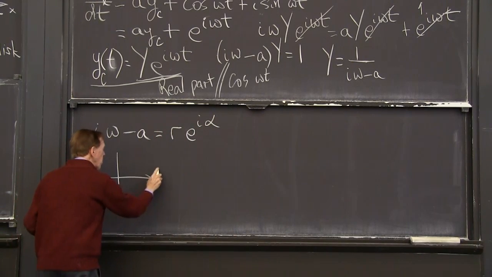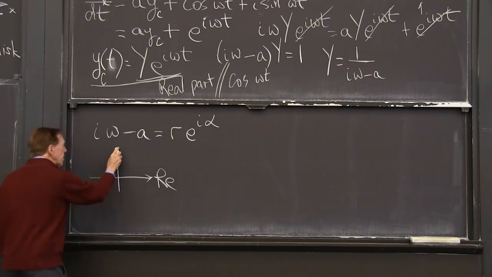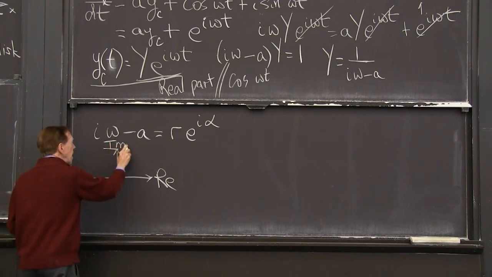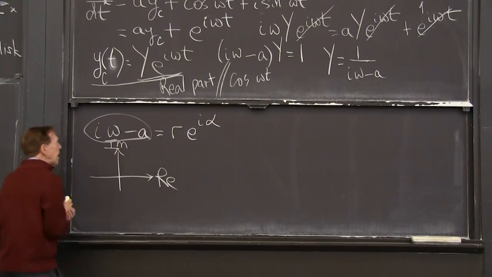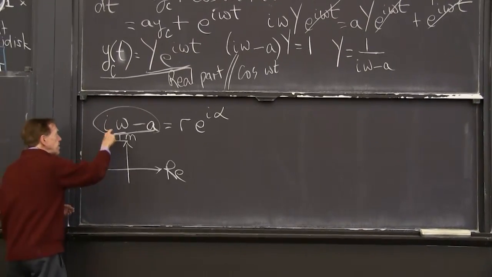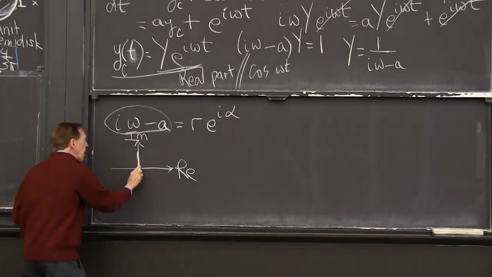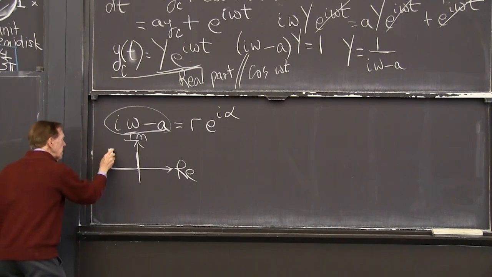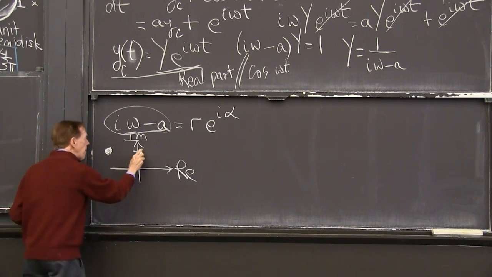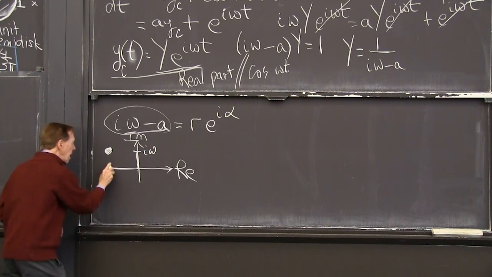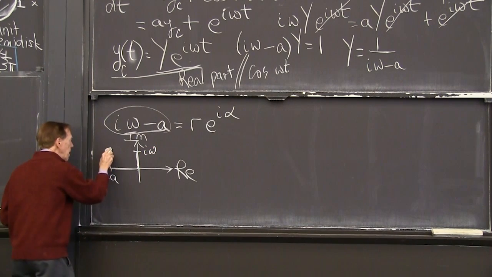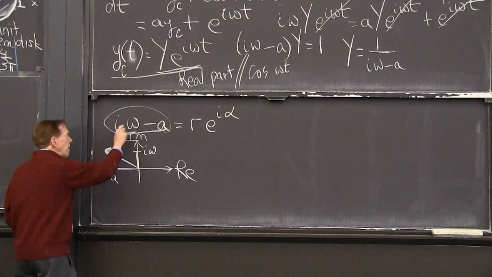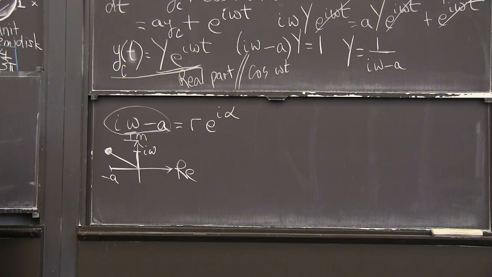So there's the real axis, here's the imaginary axis, and here's a complex number, i omega minus a. So in the imaginary direction I go up omega, and in the real direction I go minus a. So here's my number. This is up to i omega, and back to minus a, and there is the number i omega minus a.